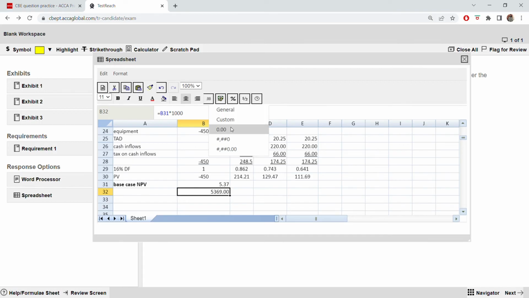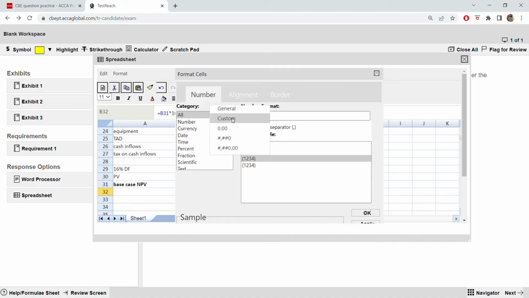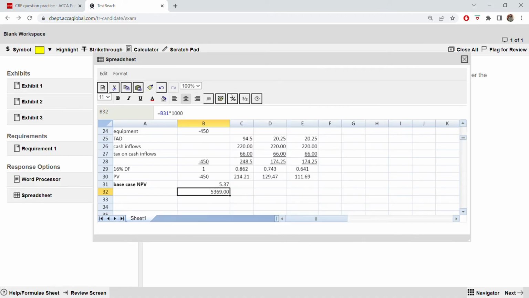You see, 5369. Or if you want, take it as a whole number. If you want to round it up to whole number, here you go, with general. Okay, now I will show you how to use the rounding function.